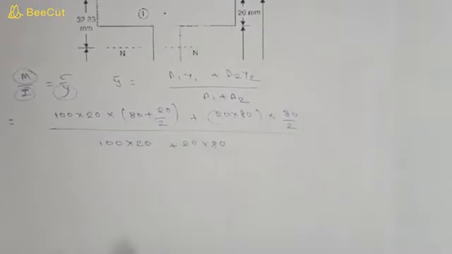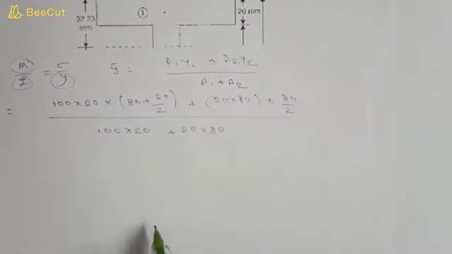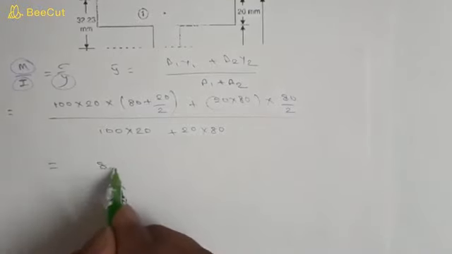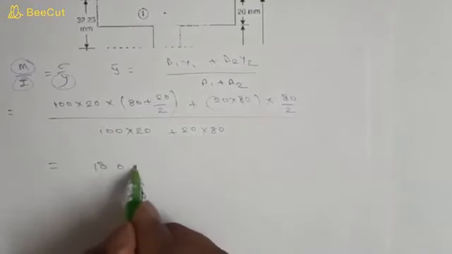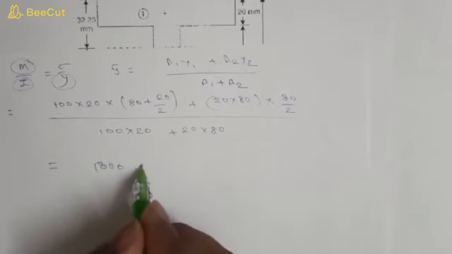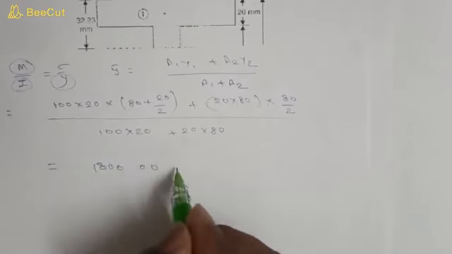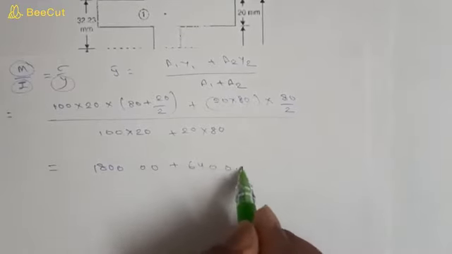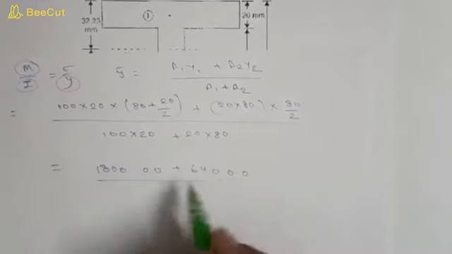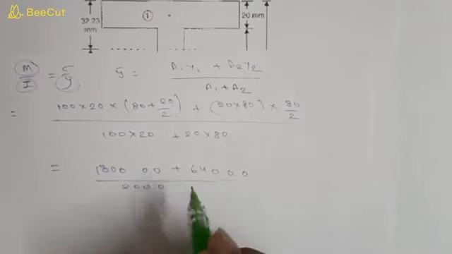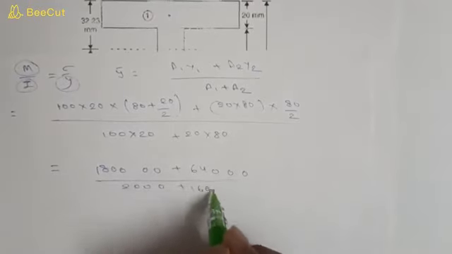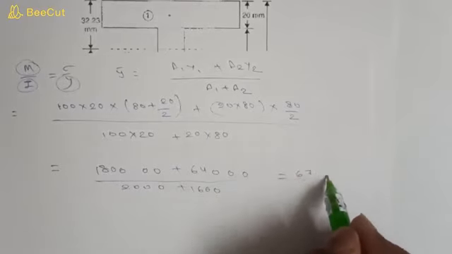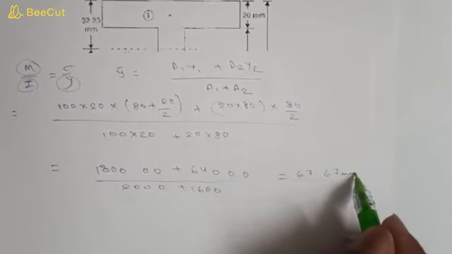If we calculate this, we get 180000 plus 64000 divided by 2000 plus 1600. So if we calculate, we will get 67.67 mm.